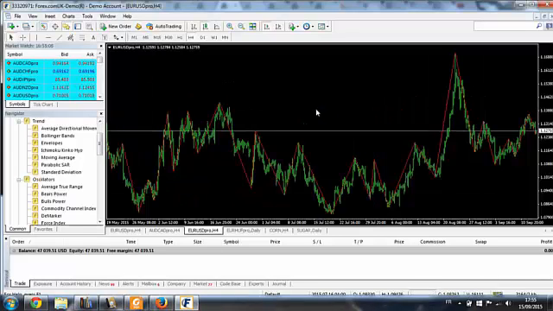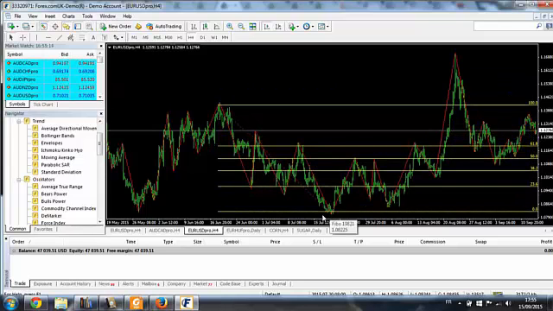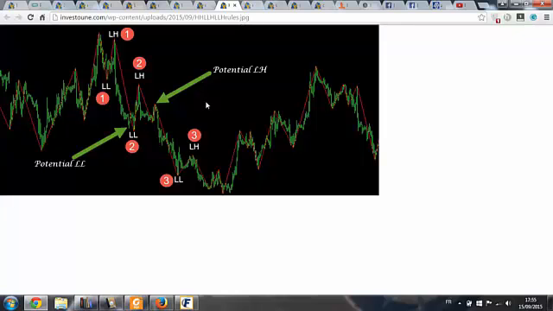For example, here if you are in a downtrend, just target this level of Fibonacci and exit the trade, or like you see here, just target the first lower high here, and the price will go to the last lower high.